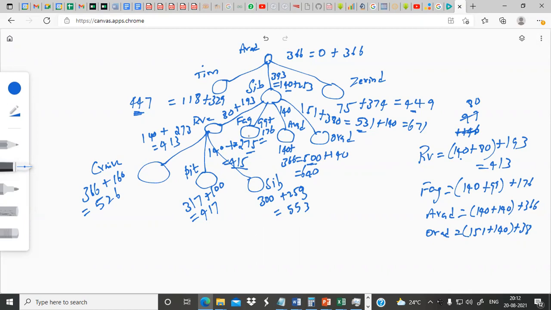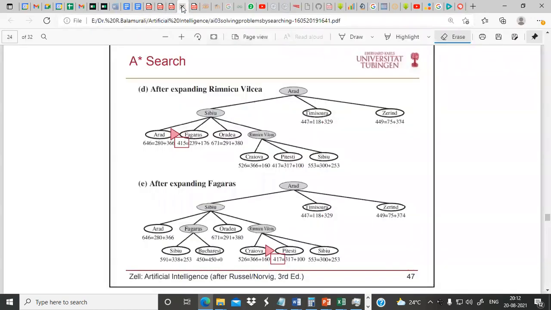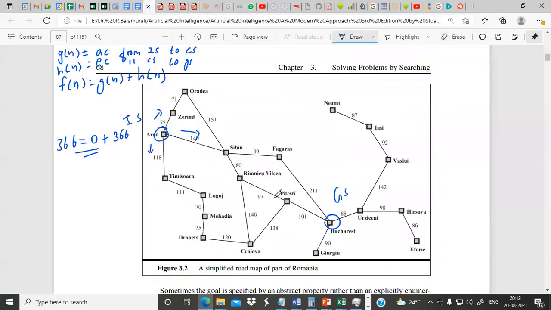Now when we explore Fagaras, I will continue here because this is much clearer. From Fagaras, what destinations can we reach? There are only two paths: you can reach either Bucharest or Sibiu.